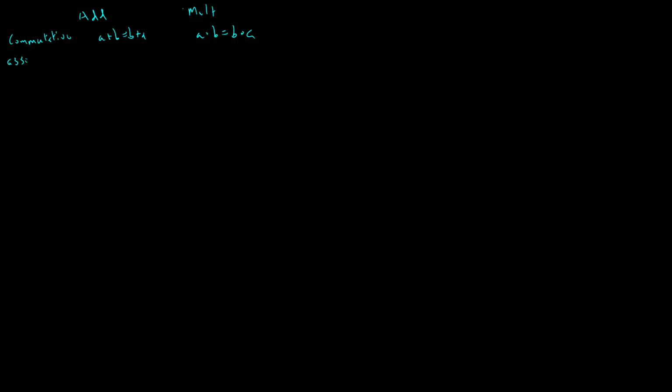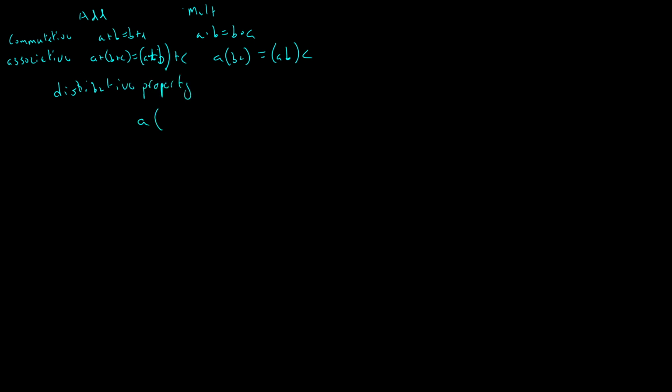They were associative: a plus b plus c equals a plus b plus c, and a times b times c equals ab times c. There was a distributive property, which was a times b plus c is equal to ab plus ac.